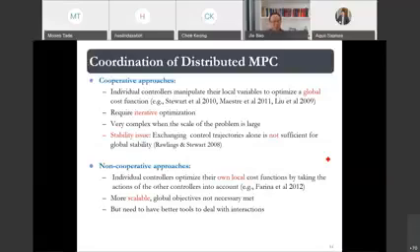In many cases, if you think of plant-wide control, what you want to do is to minimize the global plant-wide cost function, but the non-cooperative approaches typically do not guarantee that. So from the global objectives point of view, the non-cooperative approaches typically can only deliver a suboptimal solution.